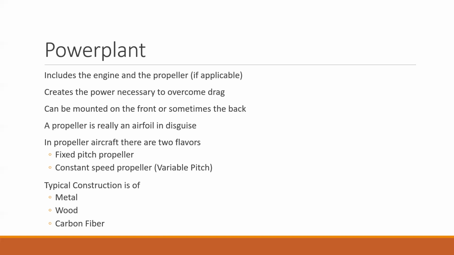In case you're curious, a constant speed propeller is pitched by using pressure from oil from the engine. So the engine creates oil pressure, and there are springs inside of the propeller that pull it back to the fully weather vaned configuration, so it's completely in line with the wind.